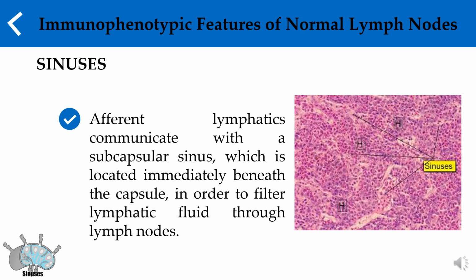At the hilum, the latter converge into the efferent lymphatic stream. Macrophages or sinus histiocytes populate the sinuses. Antigen capture and processing are crucial functions of these cells.